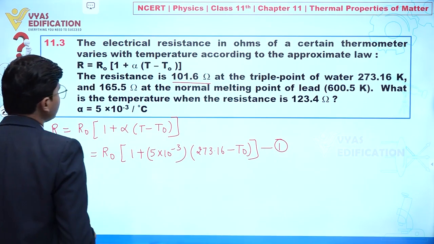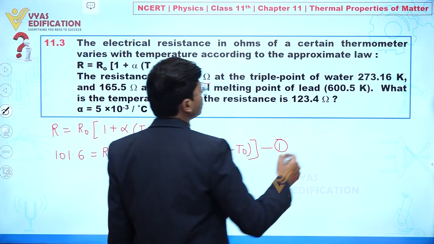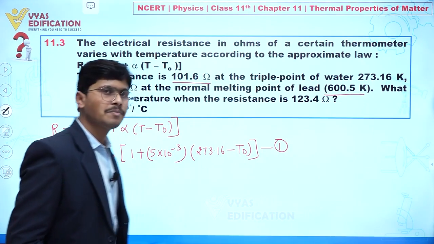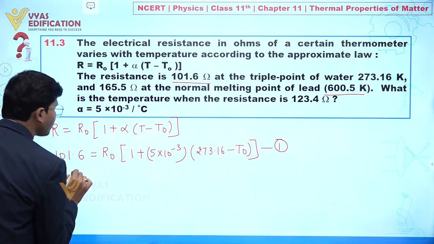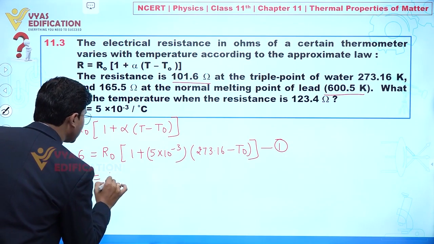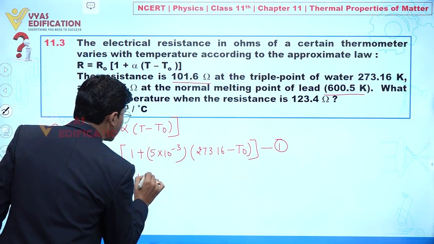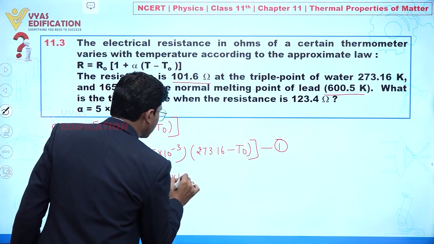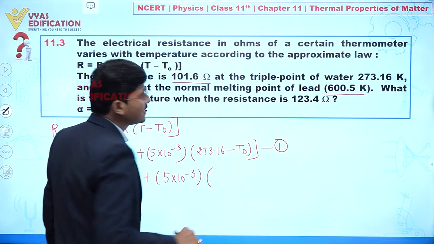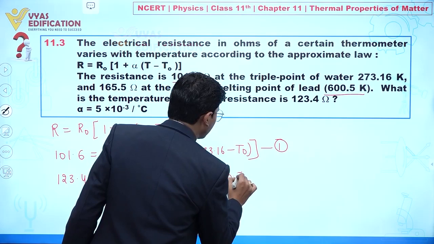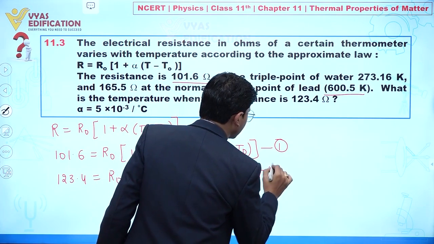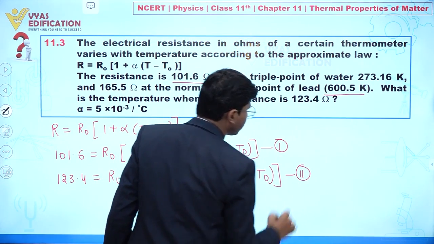Similarly we can write for the temperature 600.5 Kelvin: 123.4 ohm is equal to R naught (1 plus 5 into 10 to the power minus 3 multiplied by (600.5 Kelvin minus T naught)). Let's suppose this is equation number 2.